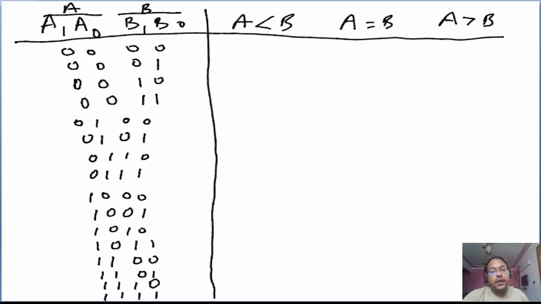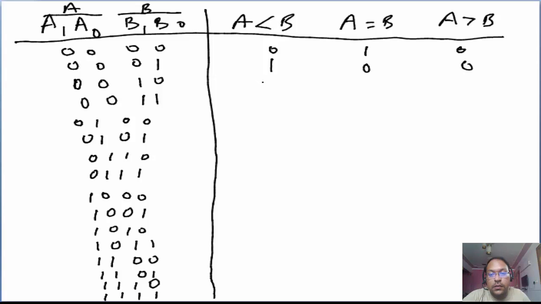As you can see here, when we see the first case 0 0 0 0, the number A is 0 0 and the number B is 0 0. So number A is equal to number B. So we will put a 1 over here and 0 over here. Similarly, in the second case, the number A is 0 0 and the number B is 0 1. So clearly number A is less than number B. So we are going to put 1 here and 0 here.